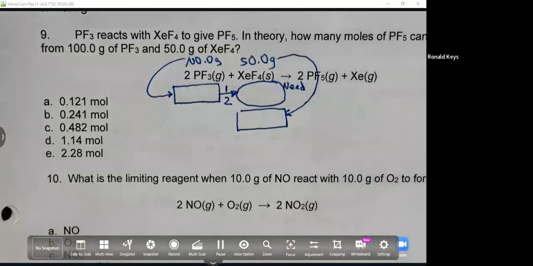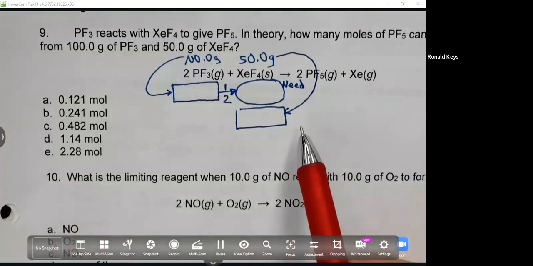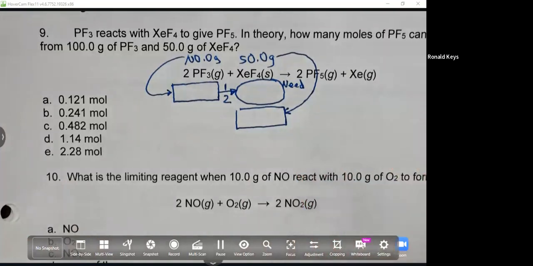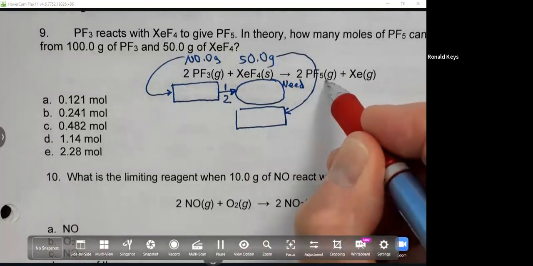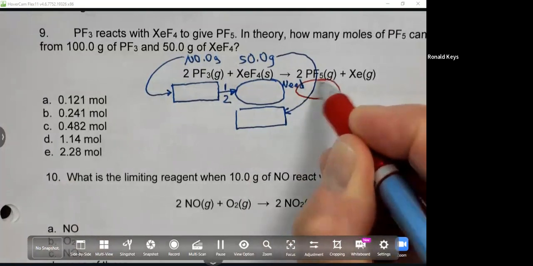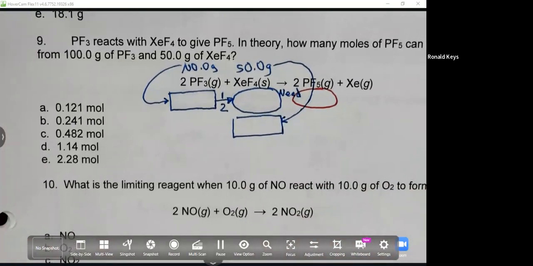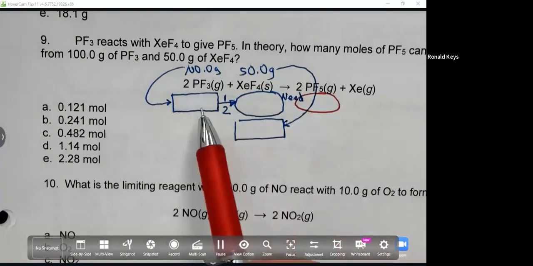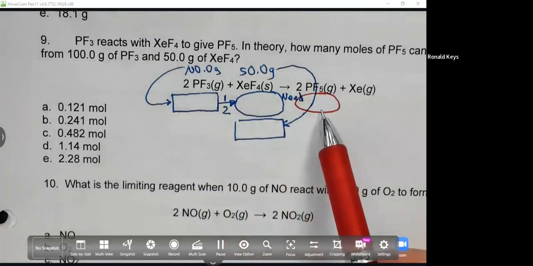And then you're able to figure out which one's limiting. And then the only thing we need is the moles of PF5. We need this right here. So we're going to come off of what we have of the limiting to figure out the moles here.